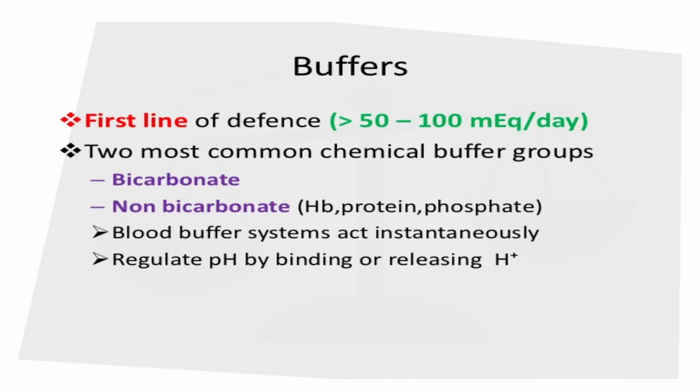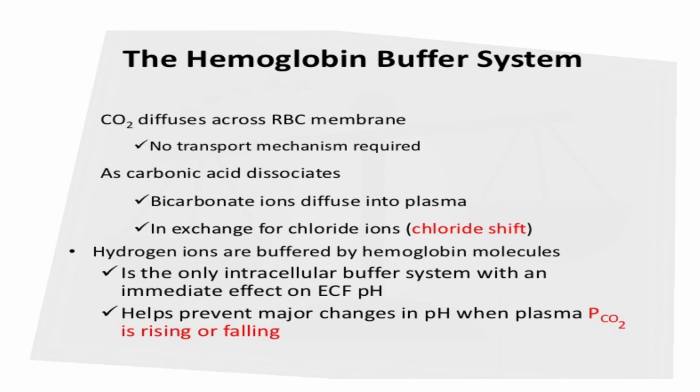In addition to that, the blood buffer system acts instantaneously, and again, as I said, it will be maintaining that hydrogen ion binding in a balance. The hemoglobin buffer mechanism is actually, all these are linked. This hydrogen ion, carbon dioxide, bicarbonic acid, all these are linked together along with the hemoglobin buffer system.